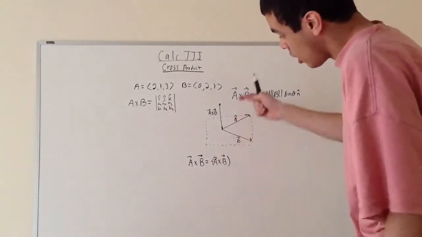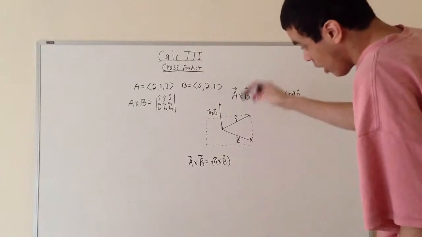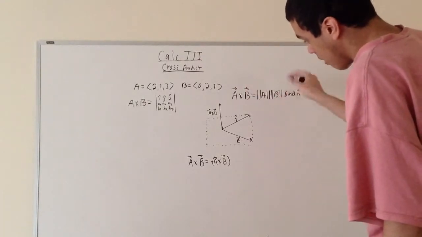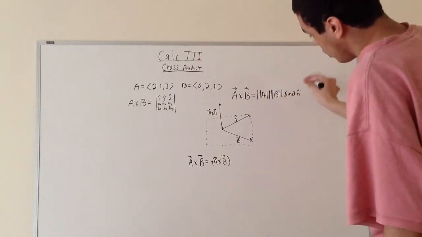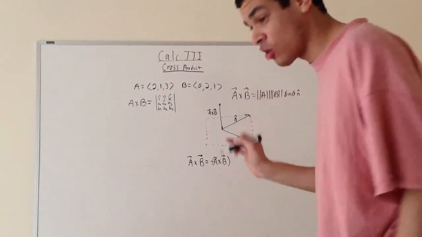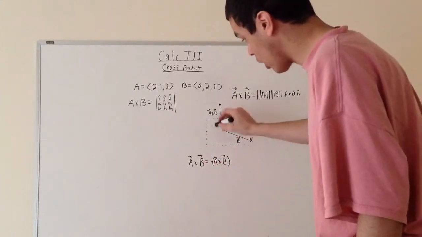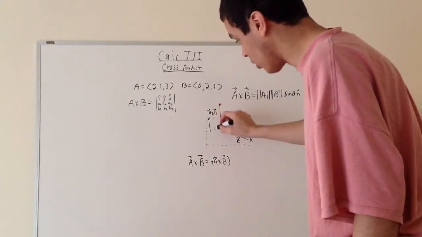The geometric interpretation is that you have A cross B, and it's the magnitude of A times the magnitude of B times the sine of theta and the unit normal vector. And what does that mean? A normal vector is any vector that's perpendicular to the plane. So this is perpendicular. I could draw another one like this. That's a normal vector. That's a normal vector.